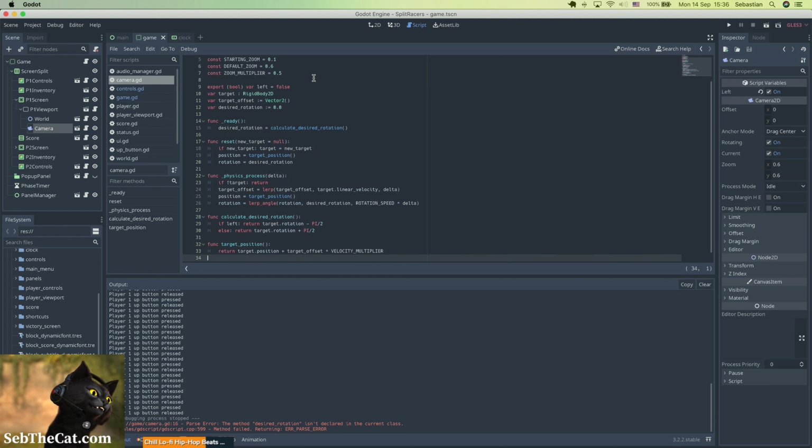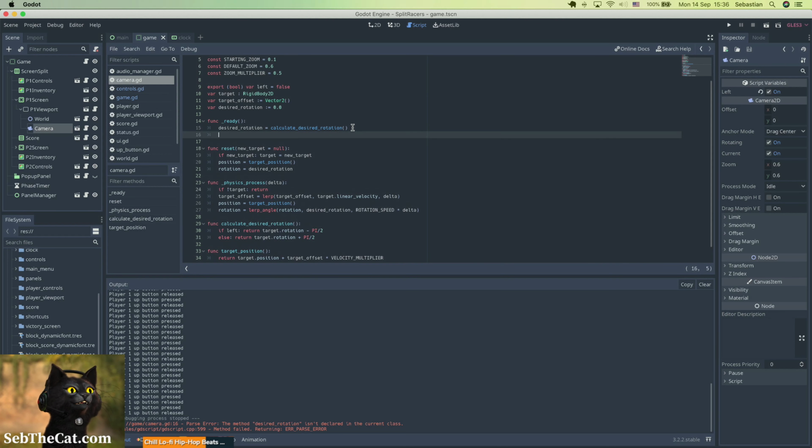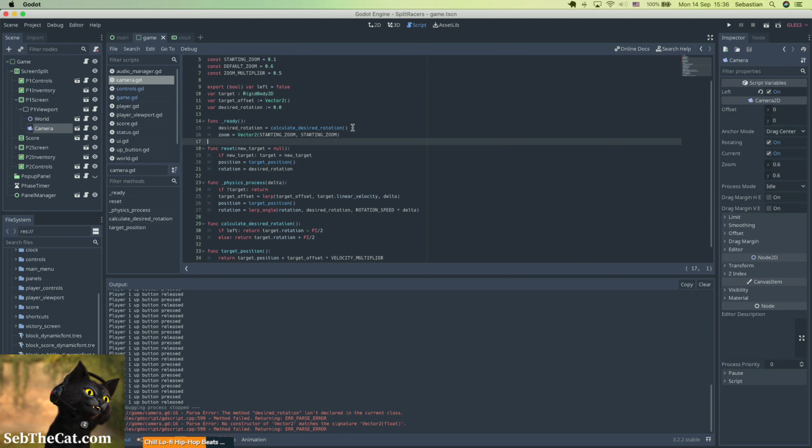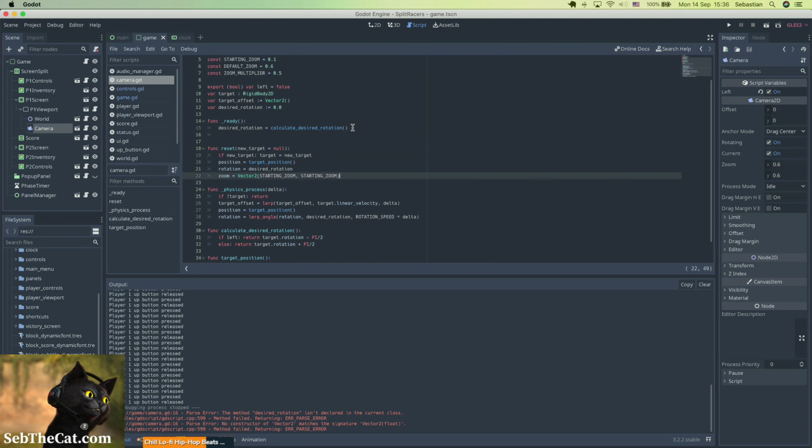I kind of like the idea that zoom equals vector2 of starting zoom. I kind of like the idea that the game starts zoomed out and then it zooms into your character at the beginning. And in fact, that's going to be part of the reset, isn't it?